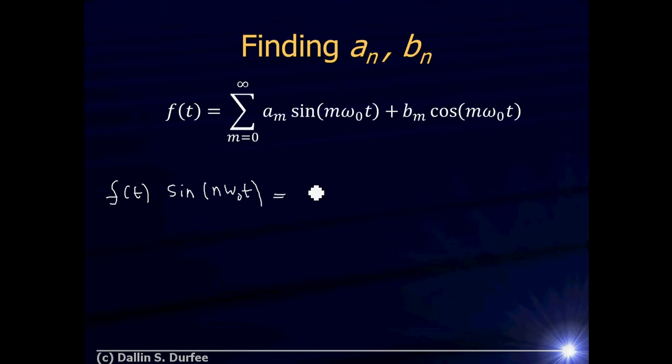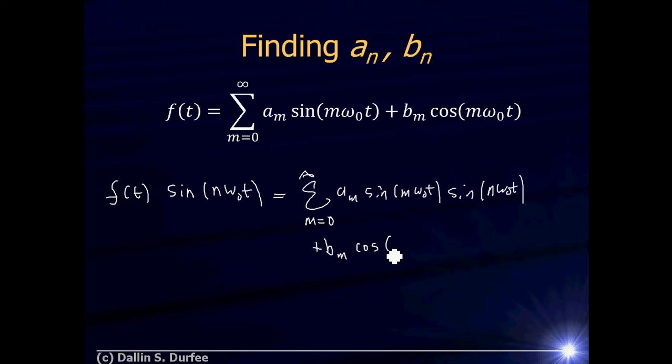If I multiply both sides, then over here I'm going to get the sum from m equals 0 to infinity of a sub m sine m omega naught t, and then I'm multiplying by sine n omega naught t, right? And then I have to multiply the cosine by that as well. So b sub m cosine m omega naught t times sine of n omega naught t.